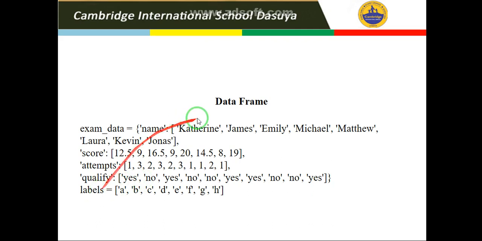Students, what we have used here is a list. Clear? We have stored the names in a list, the score in a list, attempts and so on. Then we combined all these four lists together and made a data dictionary. And we also know how to use a data dictionary.